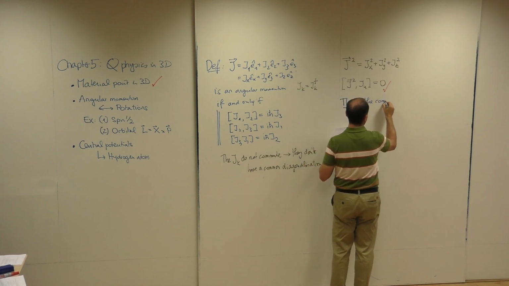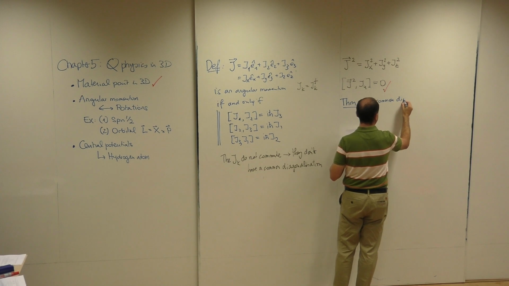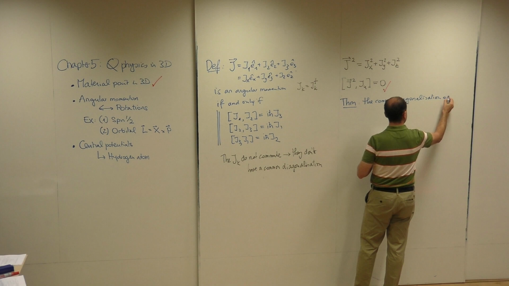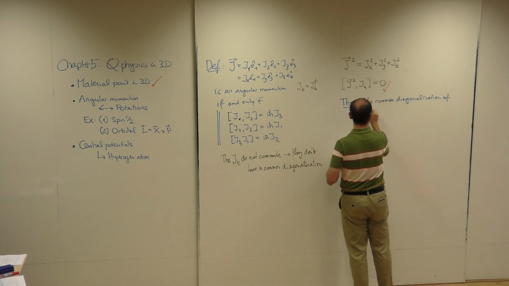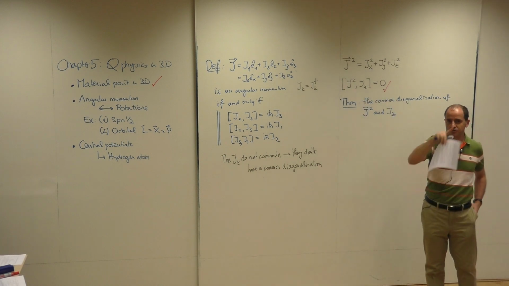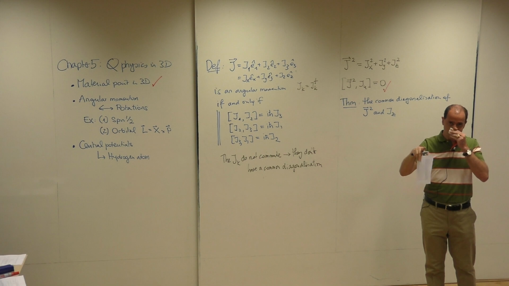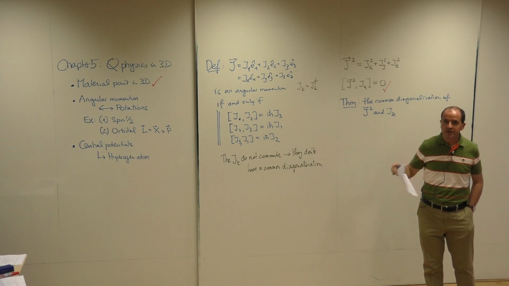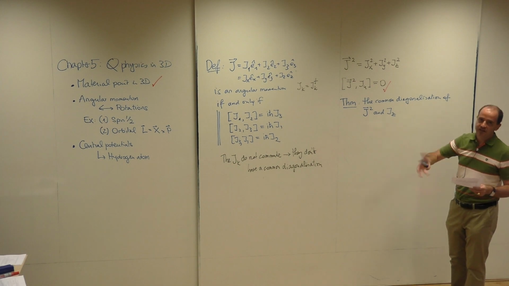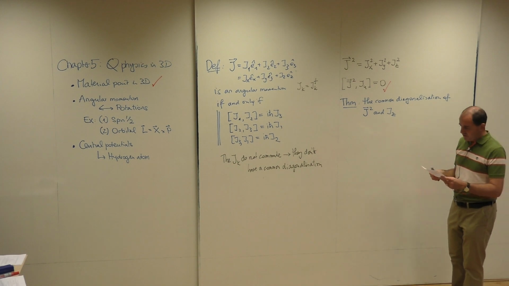The common diagonalization of J square, and typically we choose JZ as the companion one to diagonalize. Like the Pauli matrices, we have chosen sigma Z to be the diagonal one. Here also we are going to choose JZ as the one that is typically diagonal, and then the others will not be diagonal, right?